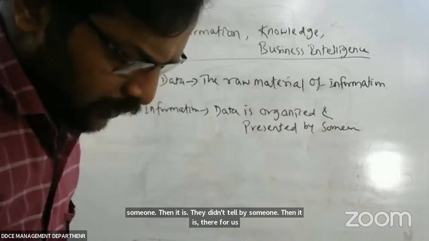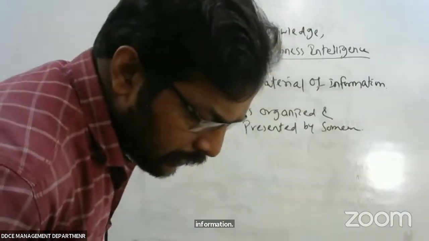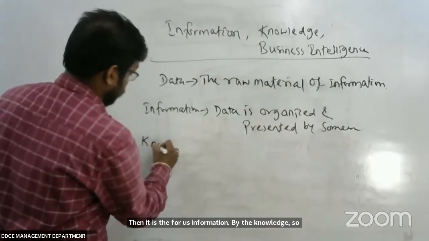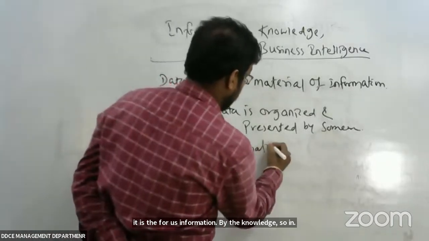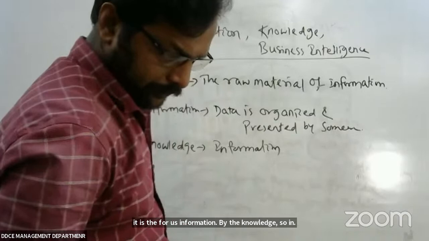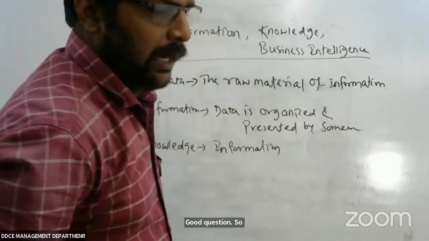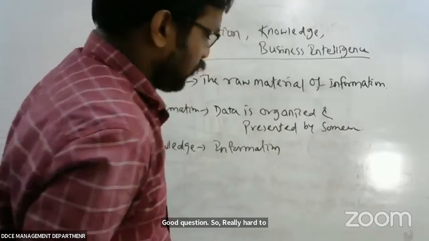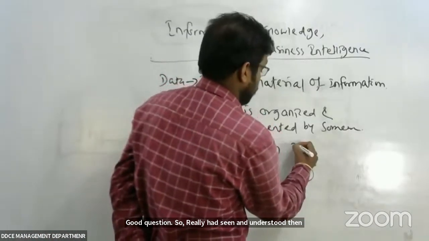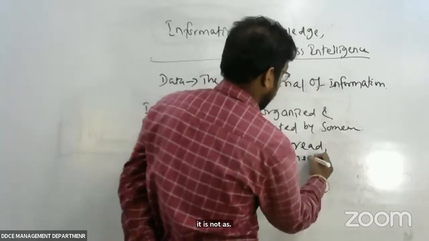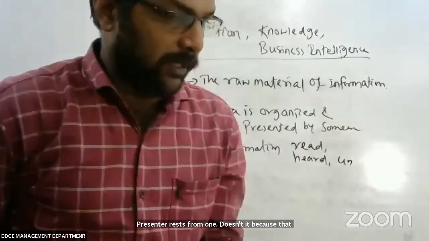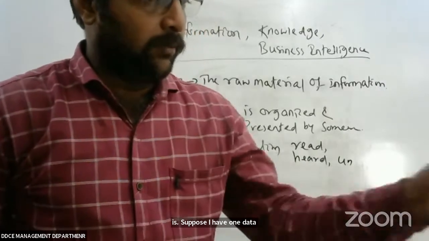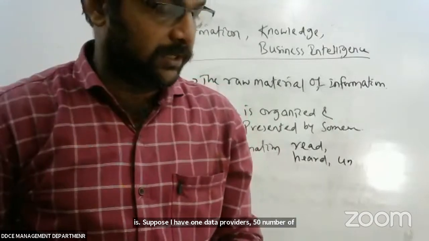What is knowledge? Information read, had, seen, and understood is known as knowledge. Suppose I have data values: 50 students admitted, this mobile number, admitted to this course, this subject.